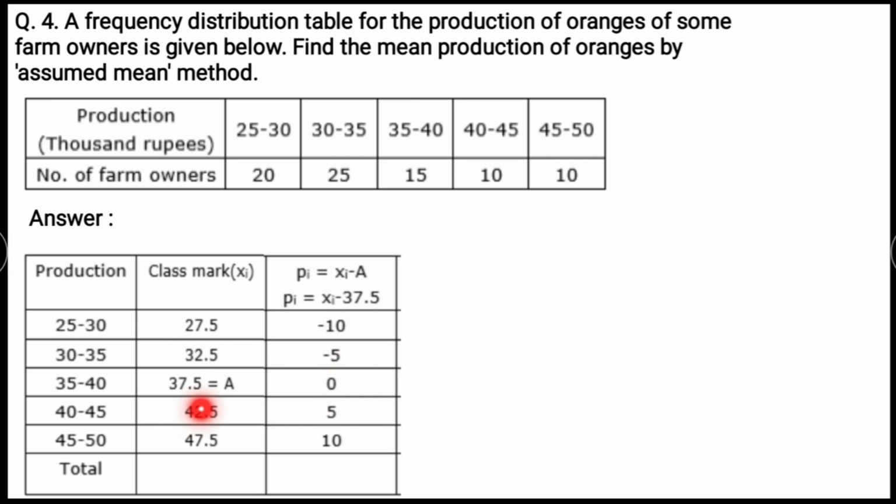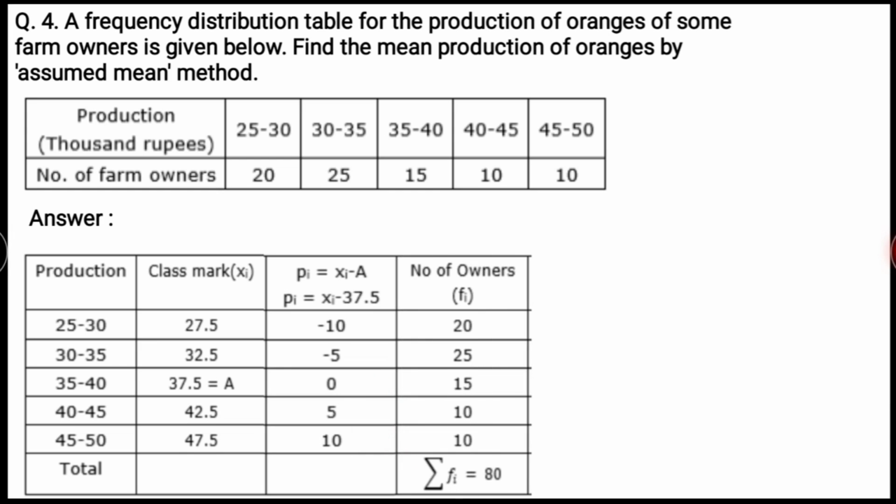Then 37.5 minus 37.5, we get 0. And then 42.5 minus 37.5, we get 5, and last 47.5 minus 37.5 we get 10. So using the formula Pi equals to xi minus 37.5 we get the corresponding values as minus 10, minus 5, 0, 5, 10.